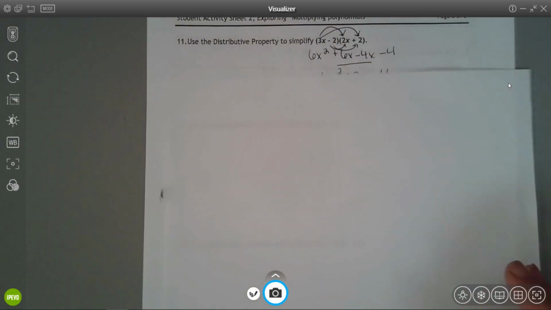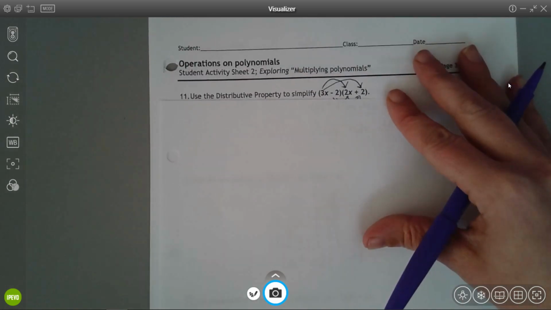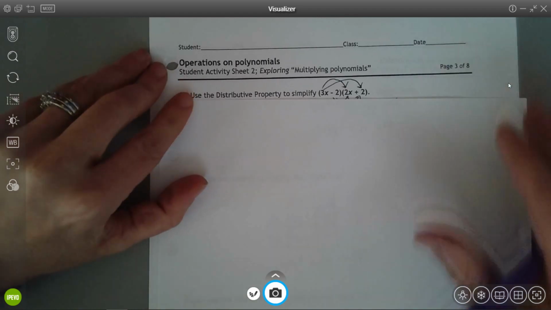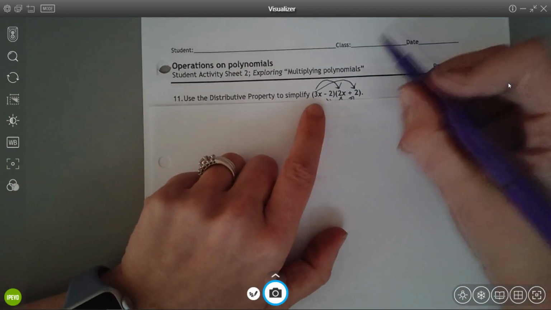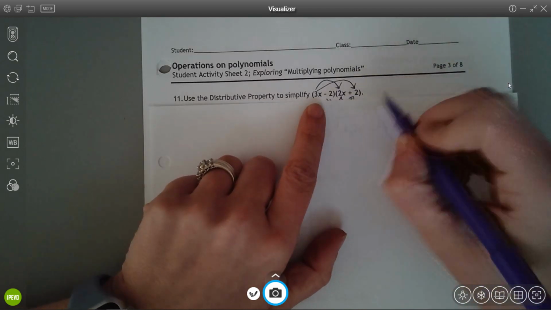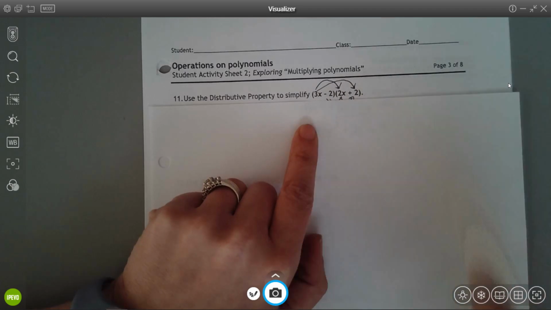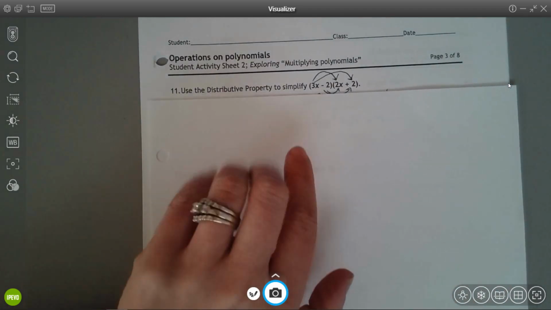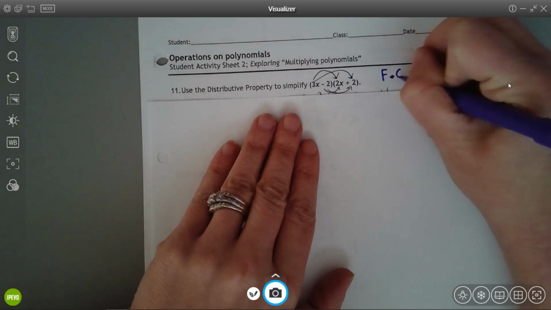Okay. I want to look at number 11 because I want you to see it on here. So we're going to use the distributive property to simplify these 2 things together. The distributive property, guys, what that means is that everything in this first set of parentheses has to multiply to everything in the second set of parentheses. We may use the word FOIL.